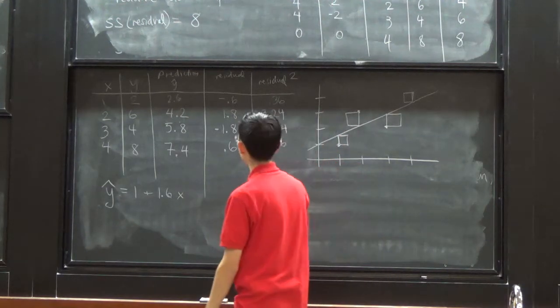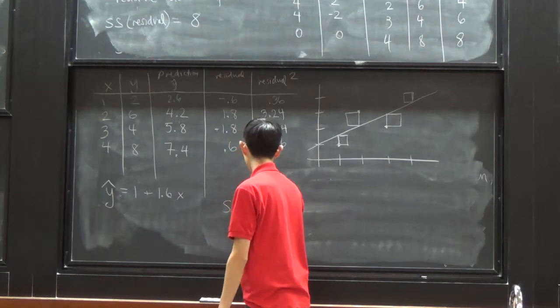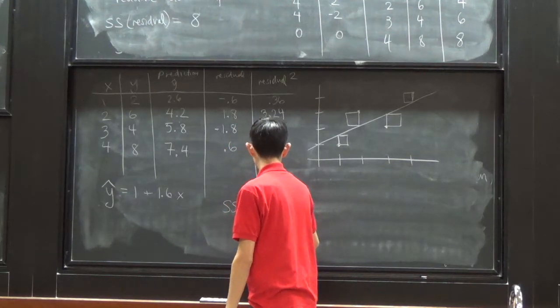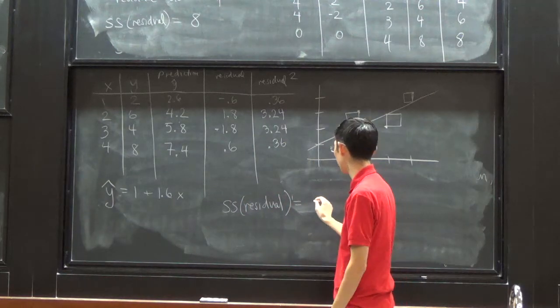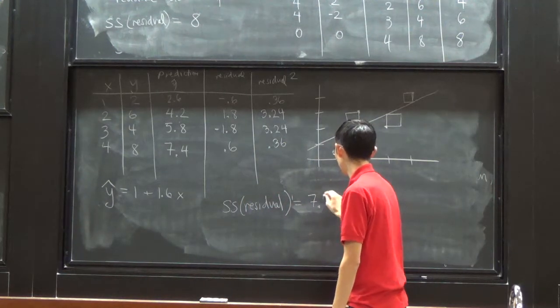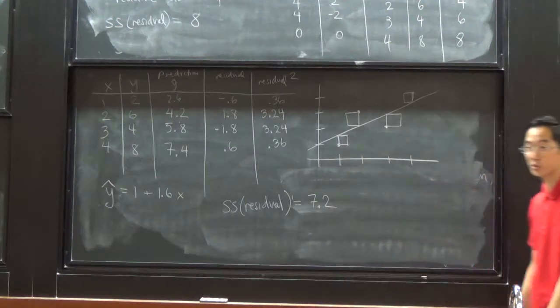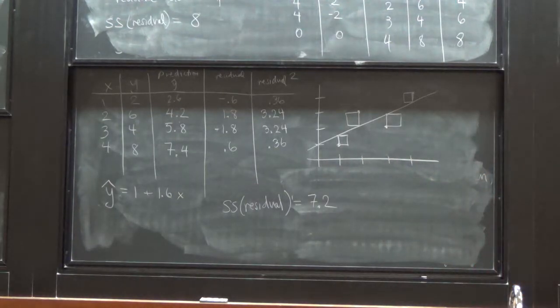And so my sum of squares residuals here is going to equal this column summed up. I'm going to get a sum of squares residual of 7.2.